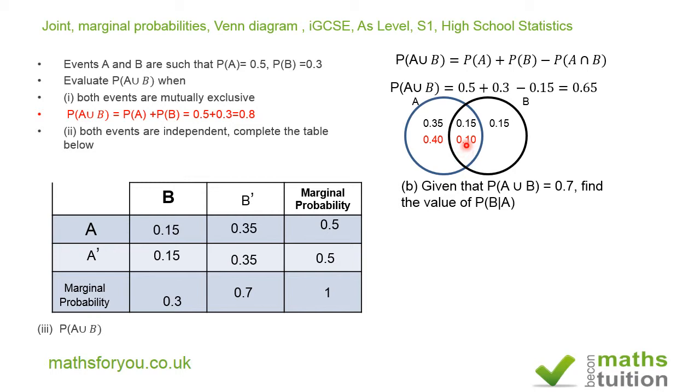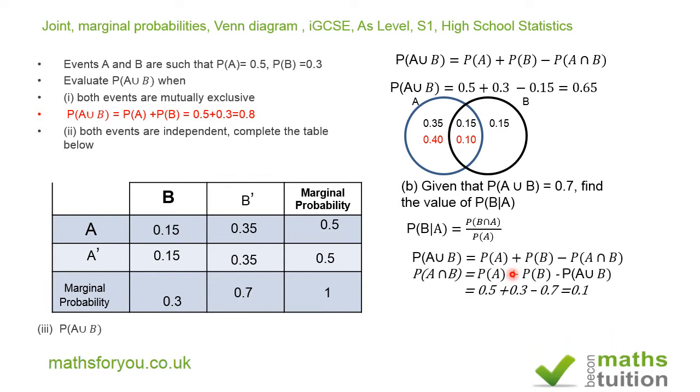Right. We need this value here in order to do this calculation, because that value gives us the probability of B intersection A, or if you like, the probability of A intersection B. It doesn't really matter. So we need that value. Now I can do it by what I call intuition, or I can do it by calculation, which is the preferred method, and here it is.